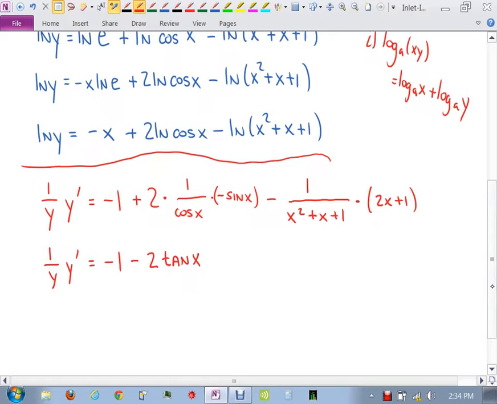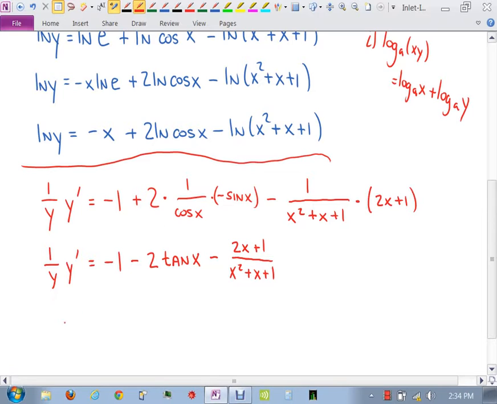I'm going to clean that up. Sine over cosine's tangent, right? And it's negative, so negative 2 tangent x. And then minus 2x plus 1 over x squared plus x plus 1.